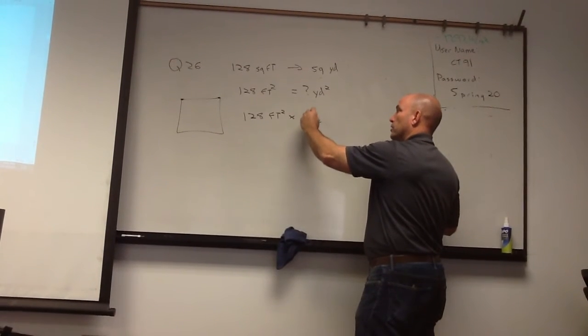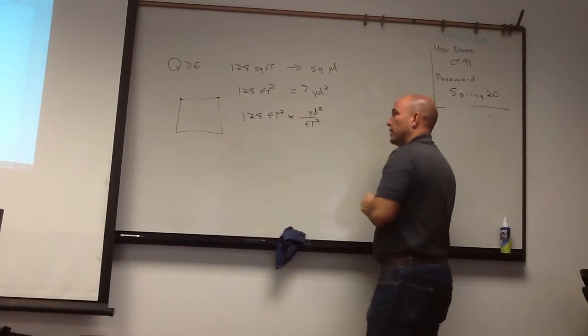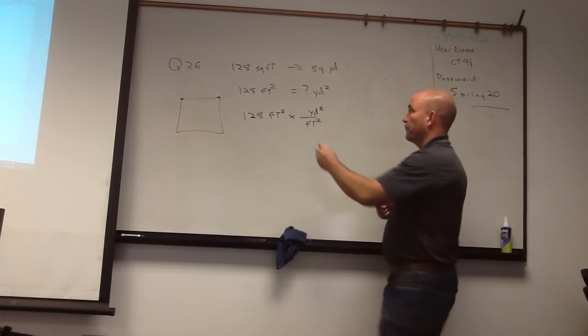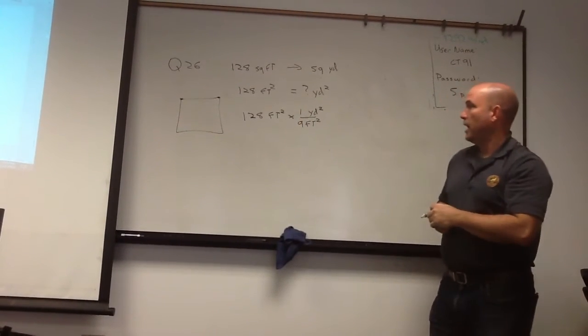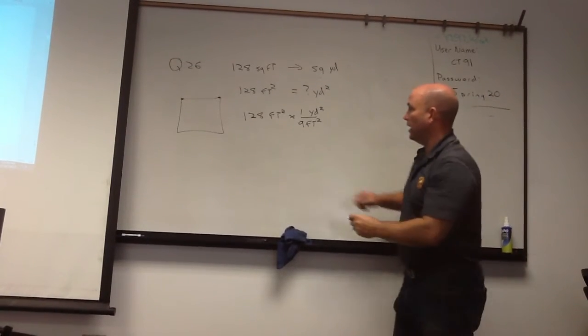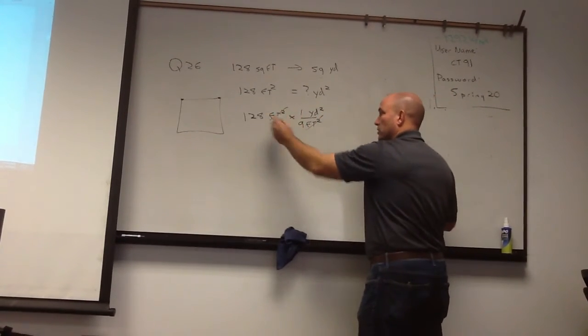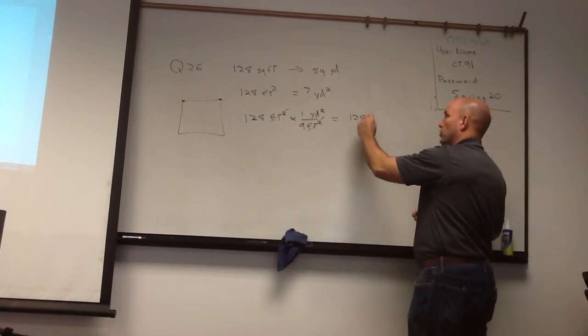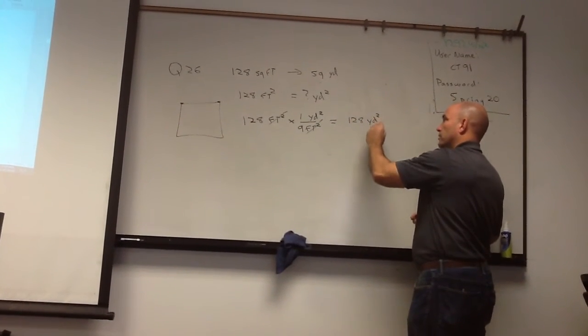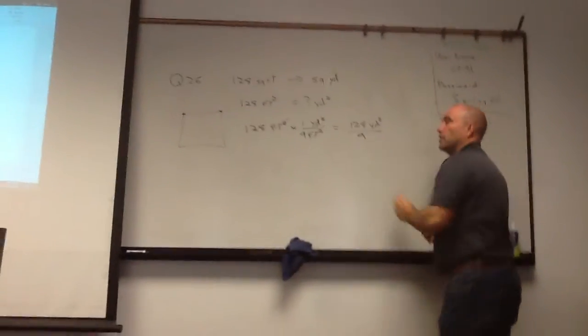Feet squared, yards squared. Then I put in my conversion. 1, 9. And so what I end up with then again, the feet squared are going to cancel, and I'm going to end up with 128 yards squared divided by 9.